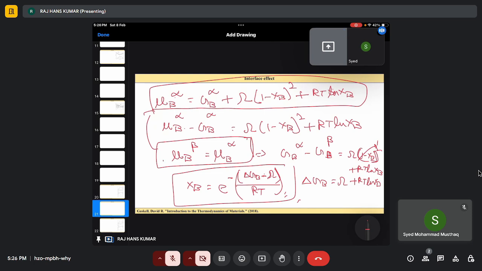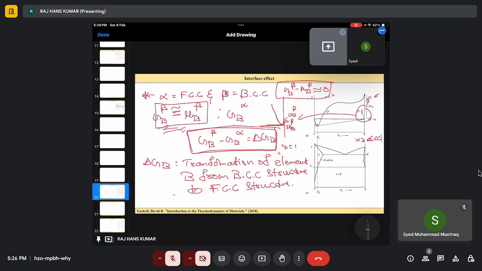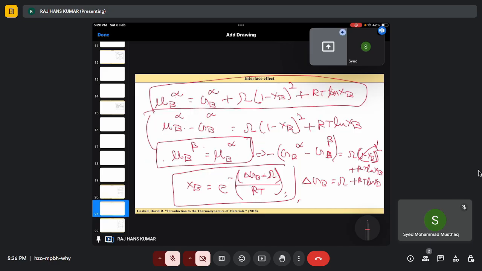So that we substituted here. So mu B alpha can be written as mu B beta. So mu B beta equals GB beta, this assumption. So that's why GB beta minus GB alpha. So that is my transformation. So this is how my XB changes with temperature.